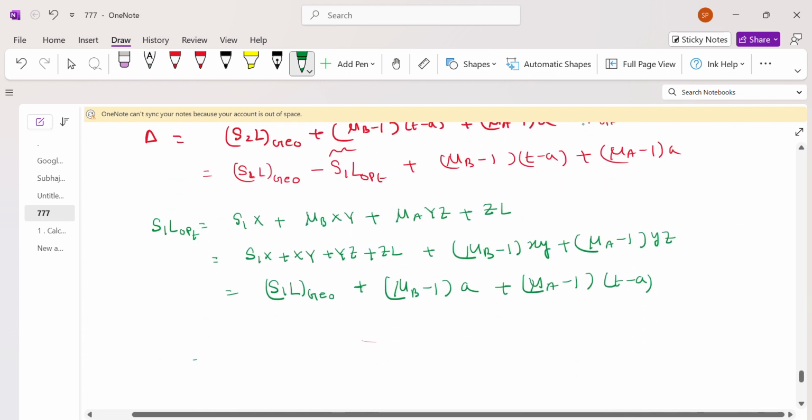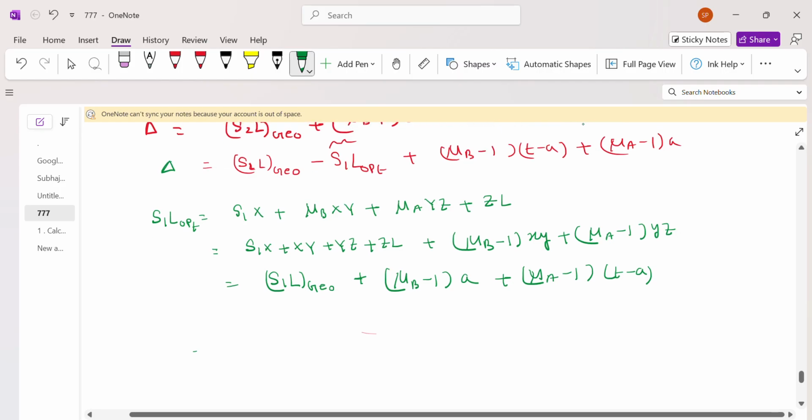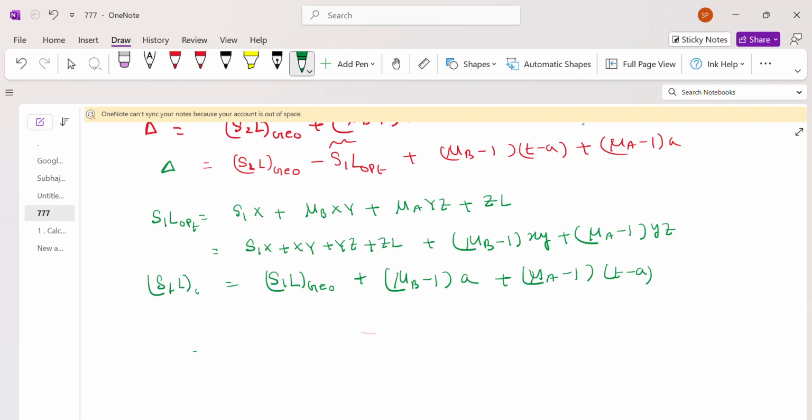Fine. So now delta was this. If I substitute the equation for S1L opt over there, then what will happen? Then my delta will become, let me change the color.